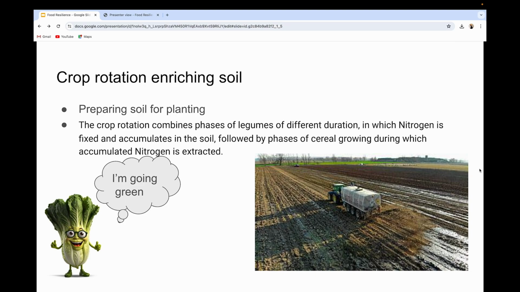For example, legume crops like soybeans, which include a variety of beans as well, and peas, enrich the soil with nitrogen, which benefits other crops such as cereal crops planted later, which require nutrient-rich soil to grow.